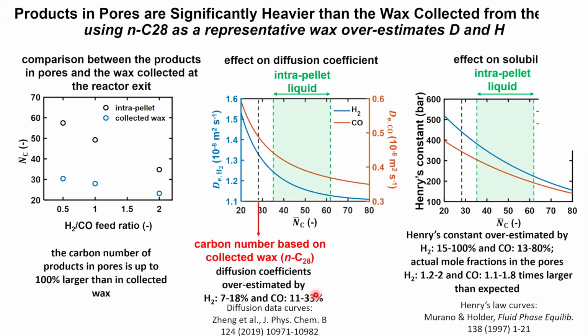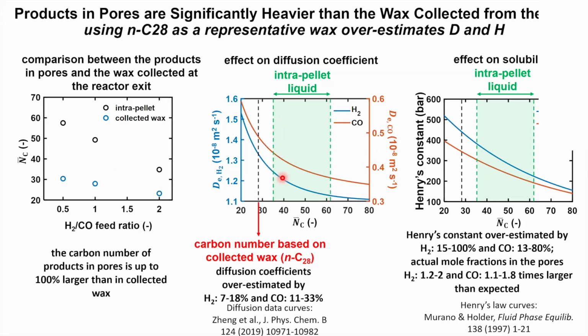Two areas where that obviously makes a difference would be the diffusion coefficient and the solubility of your reactants, your CO and H2, in the wax. So the dashed line here and here as well corresponds to C28. That's what people would typically use as a representative wax. In fact, we're somewhere within this green region, depending on the feed ratio.